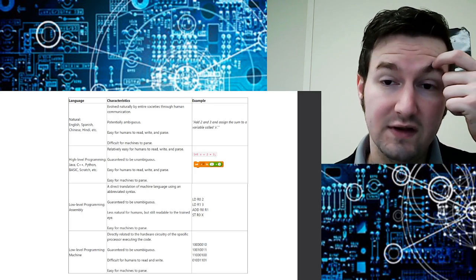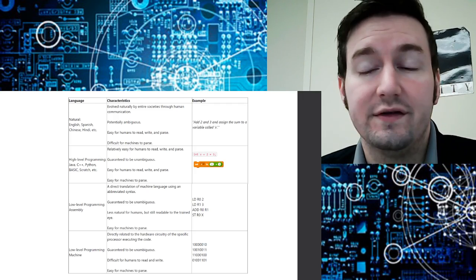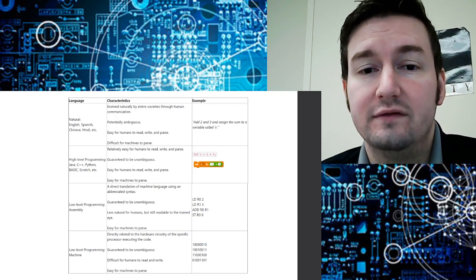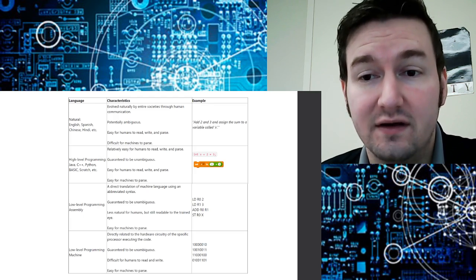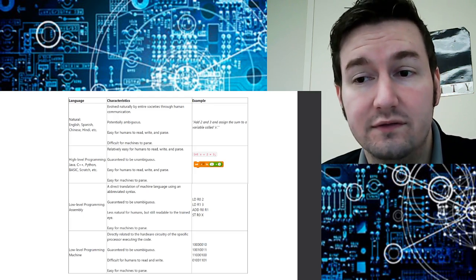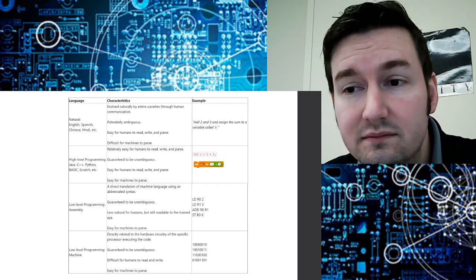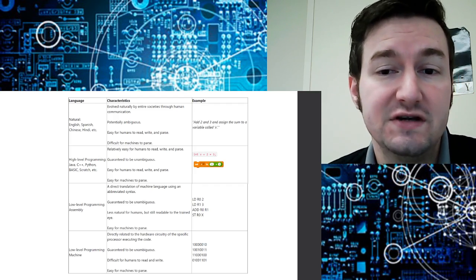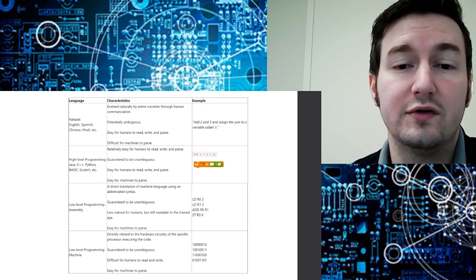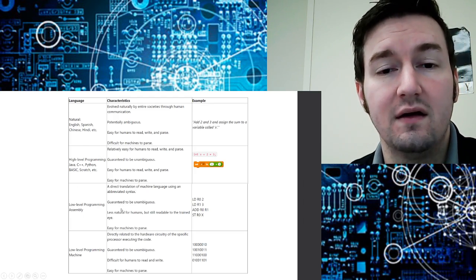The high-level and low-level programming languages in the middle of the table are uniquely well-suited for computer scientists because they are abstract enough to feel natural and intuitive to humans, but they're basic and structured enough for machines to process with the level of precision that is required.